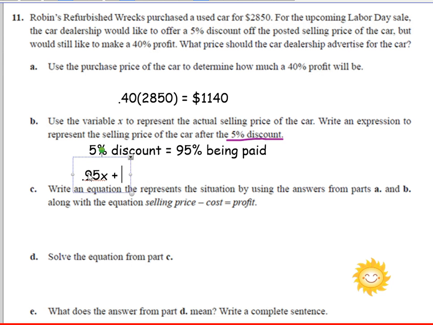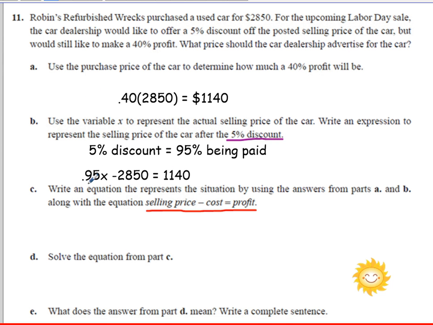Oh, sorry. Subtract off what they paid for the car, $2,850, needs to equal what they want to get out of it, which is $1,140. I almost switched the two numbers around. And so I got ahead of myself, didn't I? Because it reminded me down here, selling price minus cost equals profit.